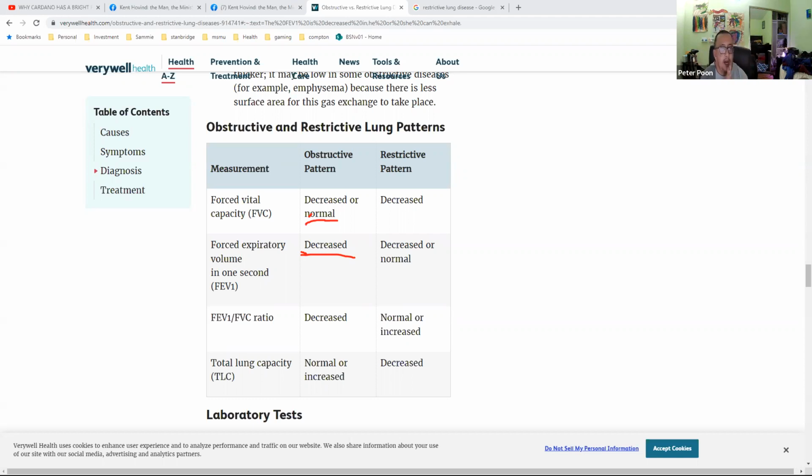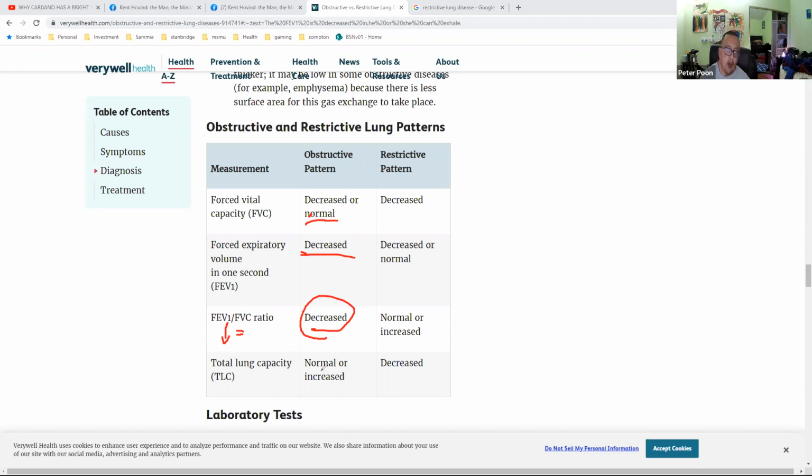It's hard to get air out because there's an obstruction, because the airway is smaller. It is harder to get air out suddenly. Therefore the FEV1 is smaller and the FVC is equal, so the ratio will be decreased.